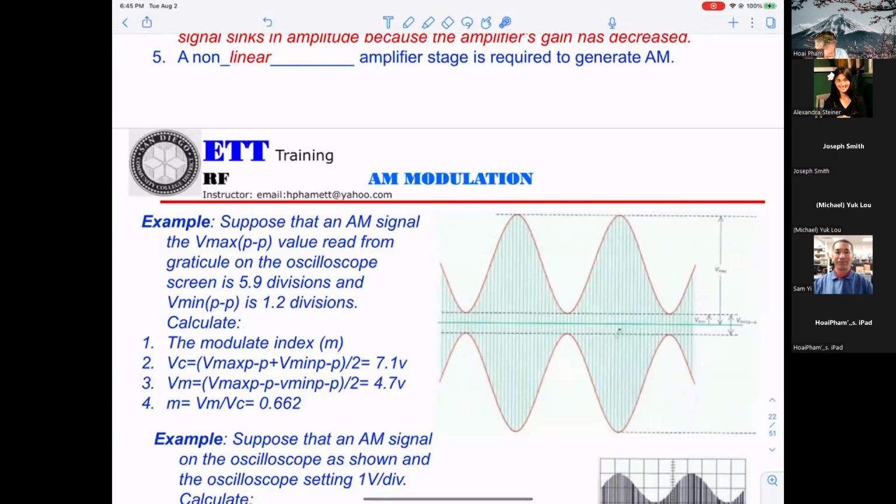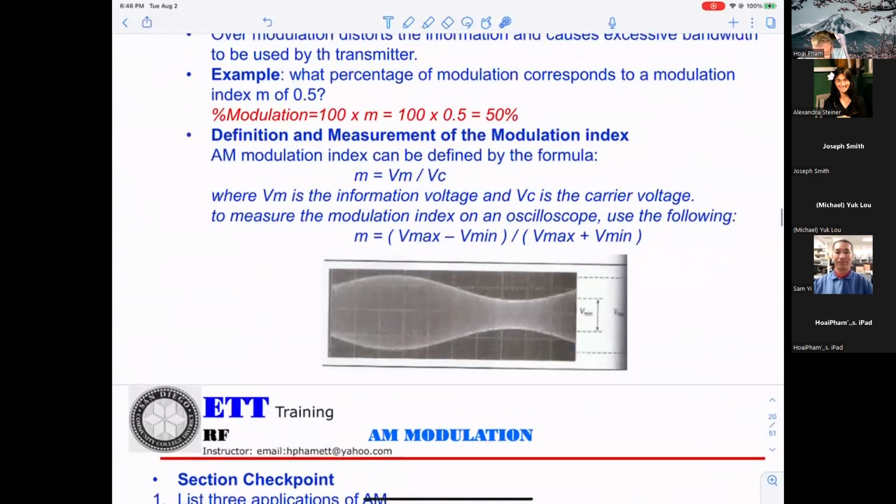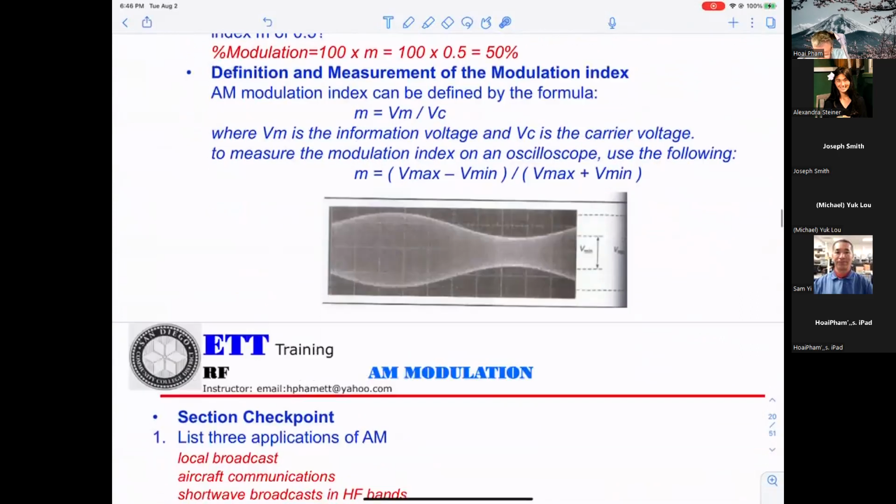Here, 5.9 divisions, minimum 1.2 divisions, and they say modulated in that AM. Then m equals V max minus V minimum, divided by V max plus V minimum.